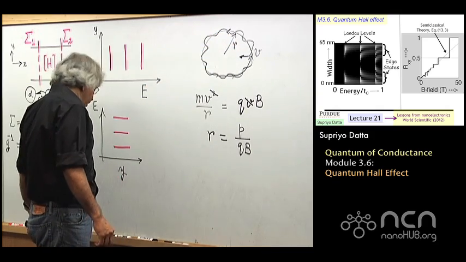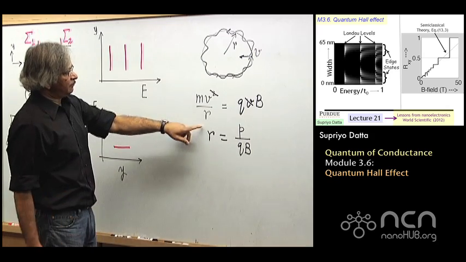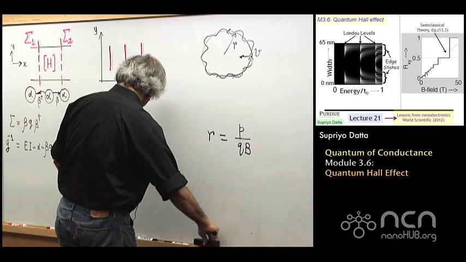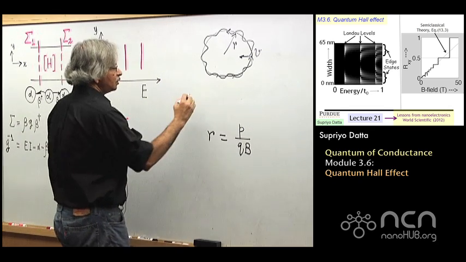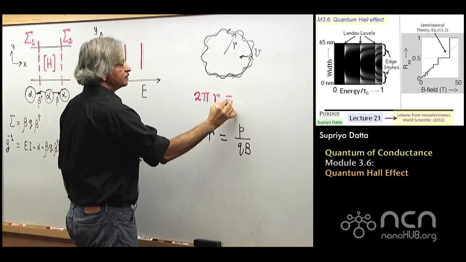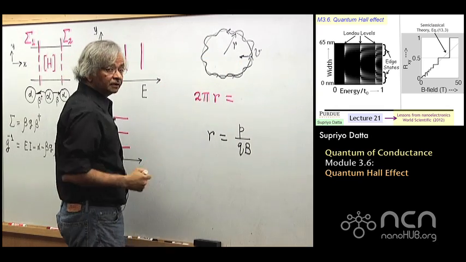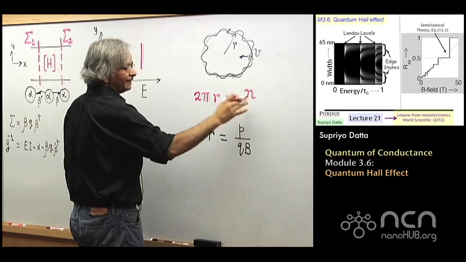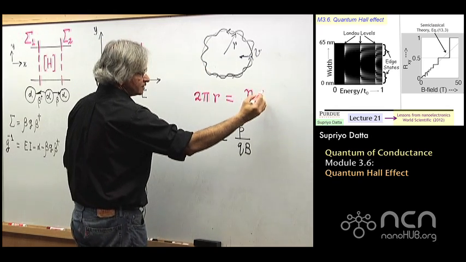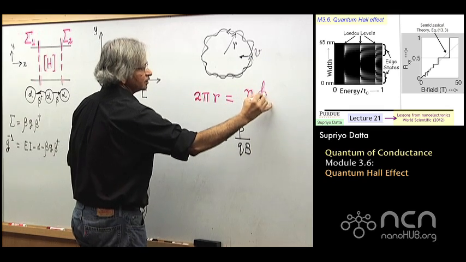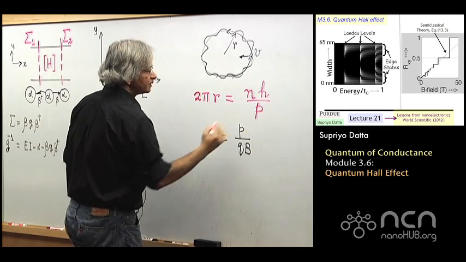So if you use that argument, you could write, let me write that down, 2 pi r, which is the circumference of this circle, that's equal to some multiple n, some integer, times the wavelength of electrons. And wavelength of electrons is h over p.